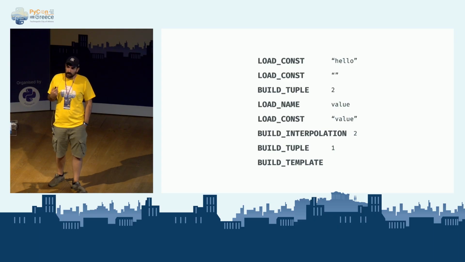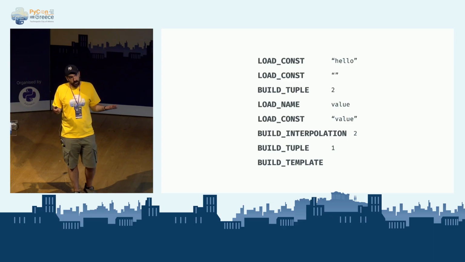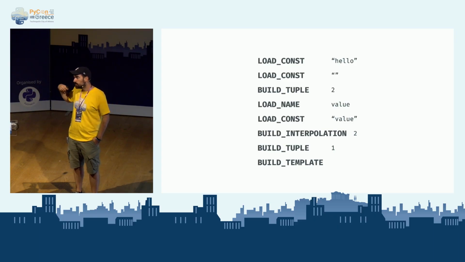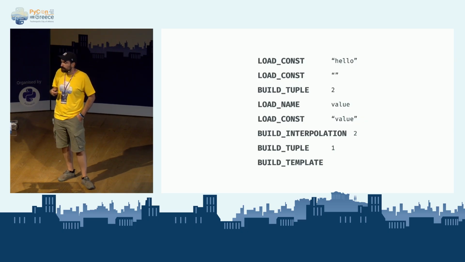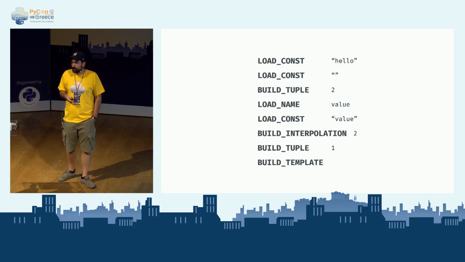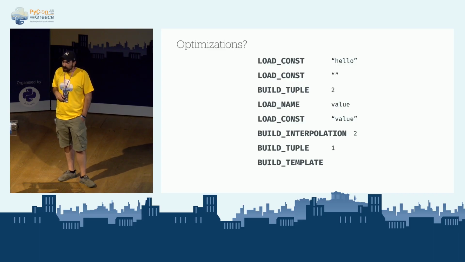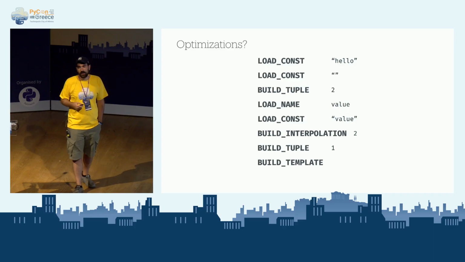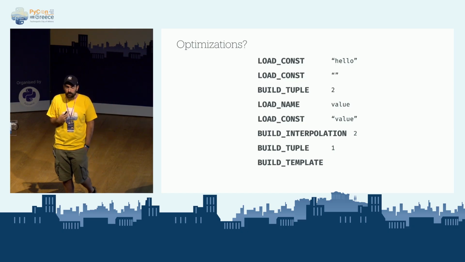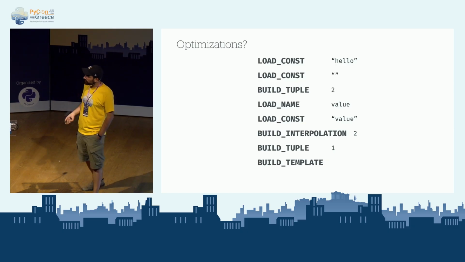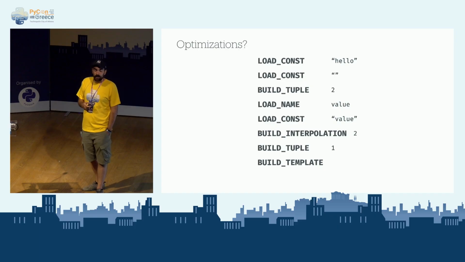So this is the bytecode that a T-string actually produces, and this is what will later on get run in order for Python to run your program. There's a question here, and it is, can we do any optimizations on this piece of bytecode? And the answer is yes, otherwise it wouldn't be on a slide.